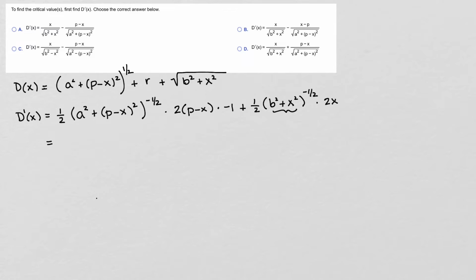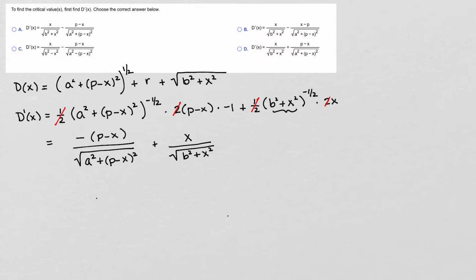All right, so what can I do? The 1/2 and the 2 cancel, and I have a negative 1 times the (P minus X) in the numerator, and then in the denominator I have the square root of A squared plus (P minus X) squared, plus the 1/2 and the 2 cancel, and I have X over the square root of B squared plus X squared.